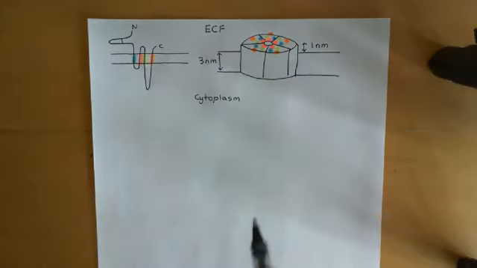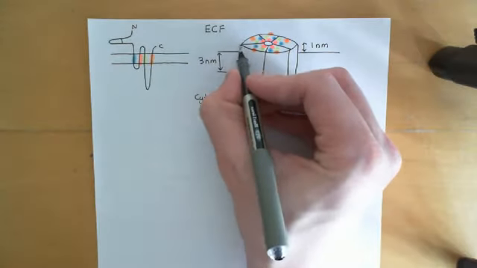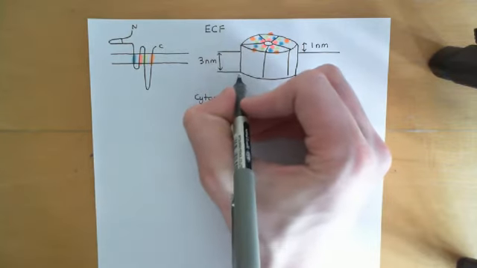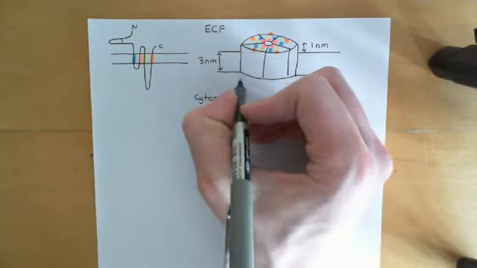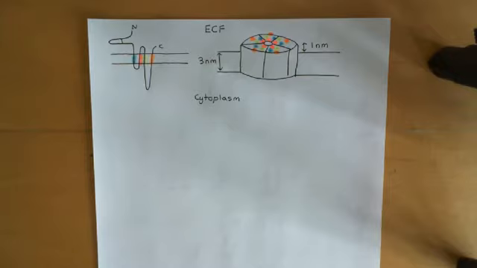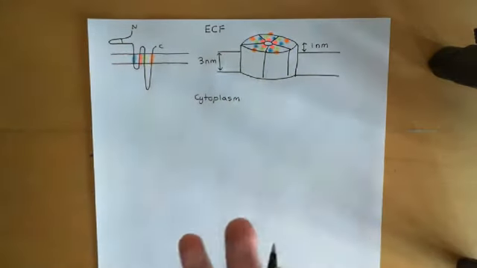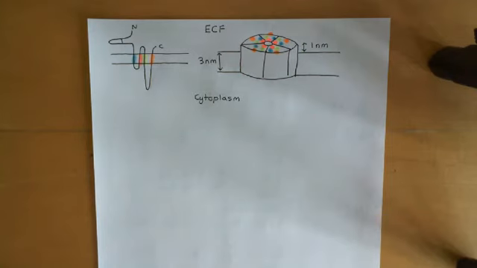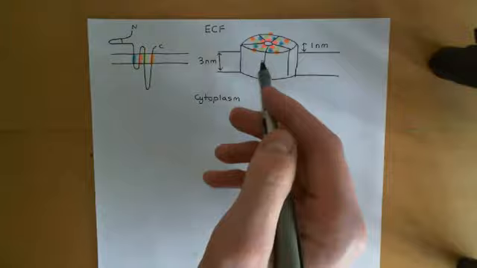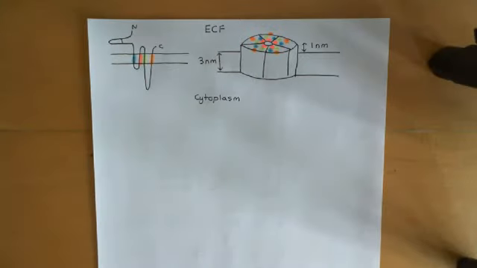That's why I have it extending beyond the plasma membrane on the extracellular side, but not extending beyond the plasma membrane on the intracellular side. You will have the intracellular domain obviously on the intracellular side in the case of the mammalian ones, which we'll discuss later.